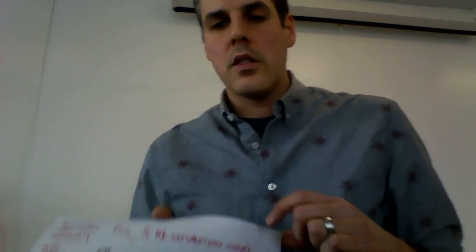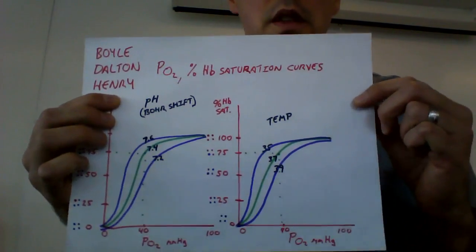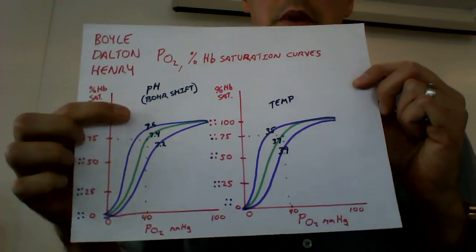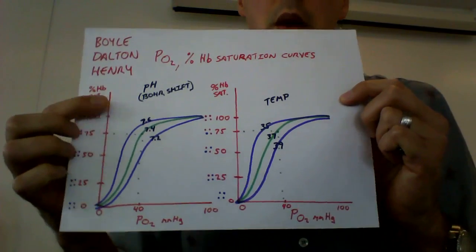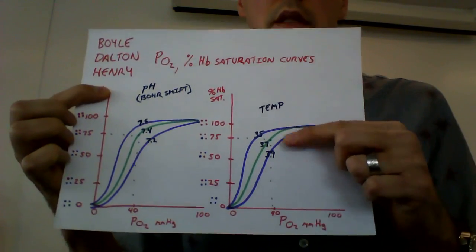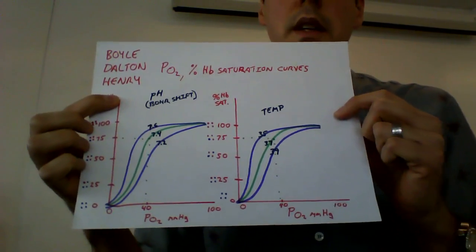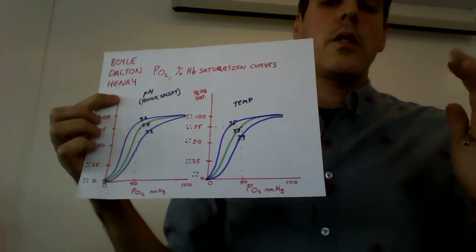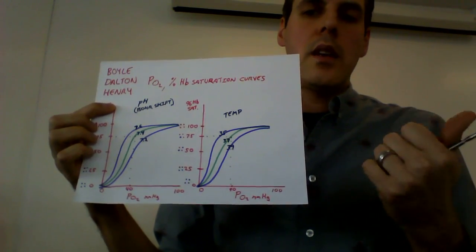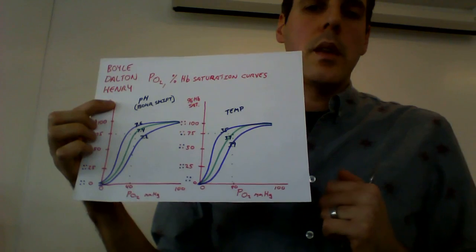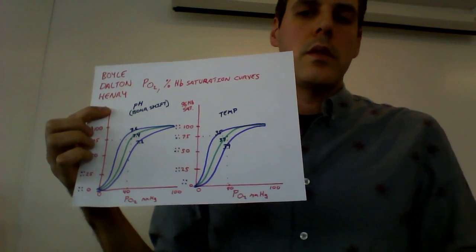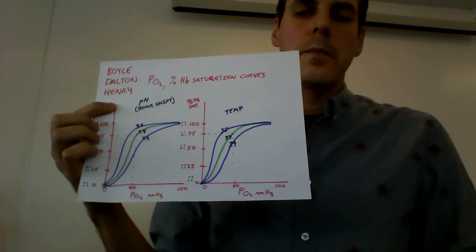And it's shown by these curves here. Now I drew different curves here. There's a curve for pH and a curve for temperature. These lines in green that I drew, this is what hemoglobin is going to do under normal conditions. This is pH of 7.4. This is a temperature of 37, which is just centigrade body temperature.